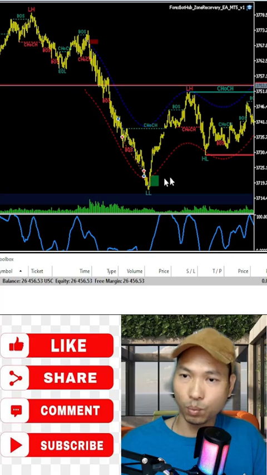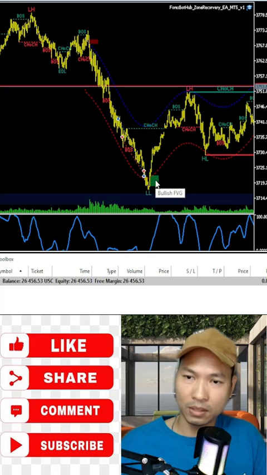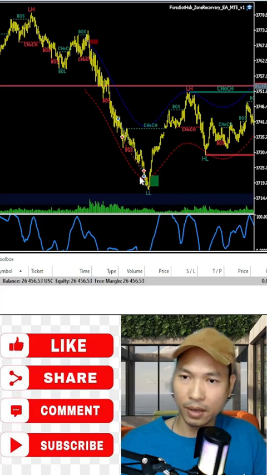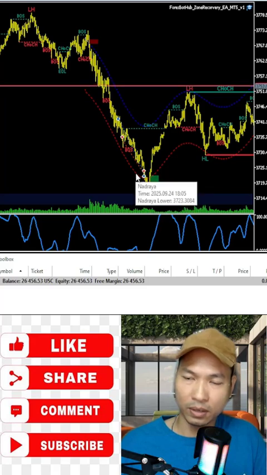In case we do it manually and we see this signal, you can see we have the bullish FVG right here, and the price is crossing the neutralizer indicator right here.